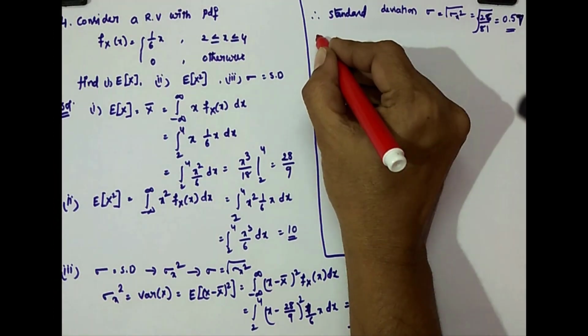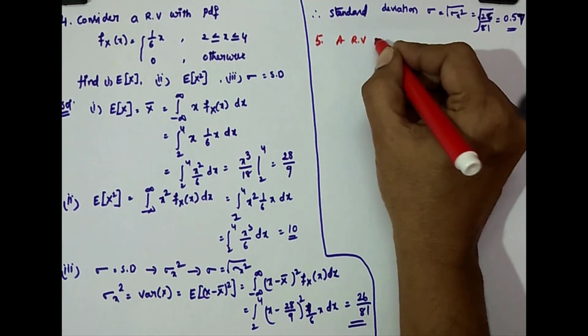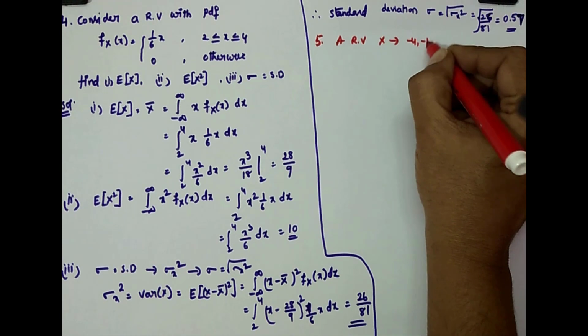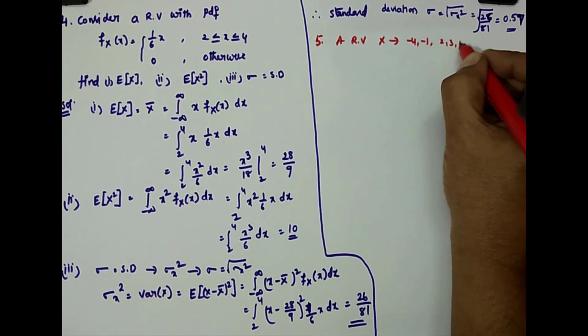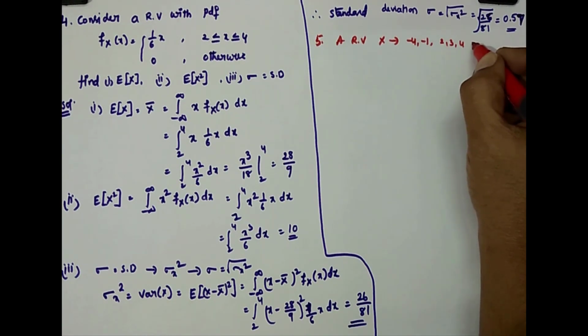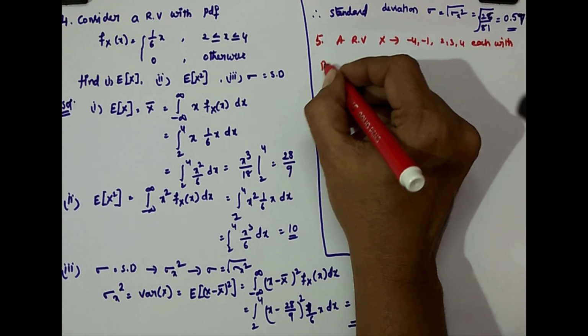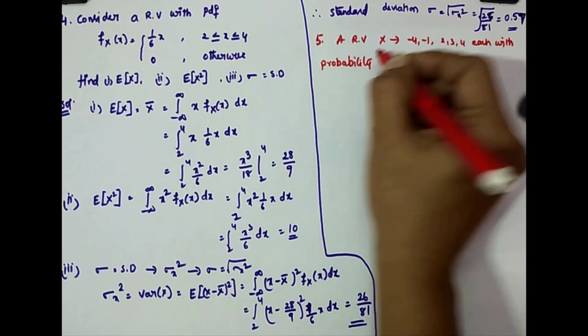Now the next problem. A random variable x takes the values -4, -1, 2, 3, 4, each with probability 1/5.